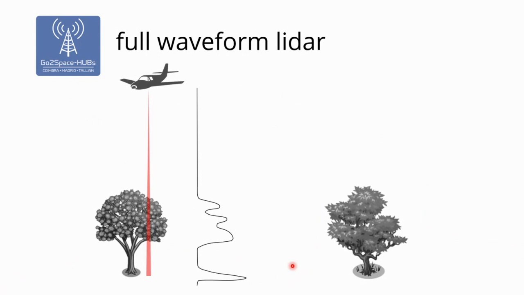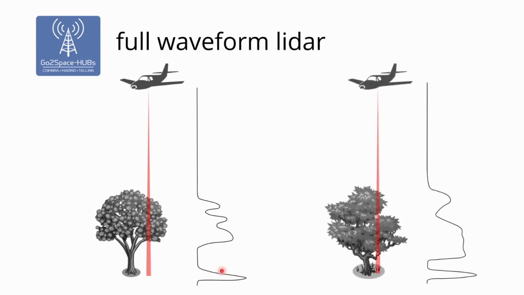So we can create a function like here, and for different species of trees, for example, there will be different forms of those curves, those waveforms. So it might help us to classify the species of trees, for example. That is used for that.